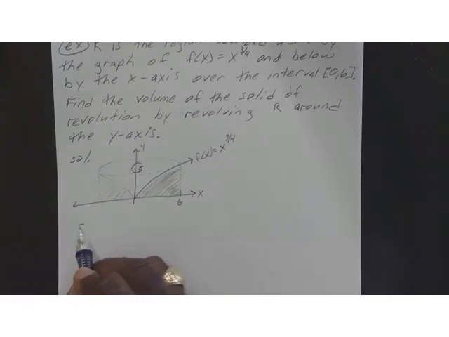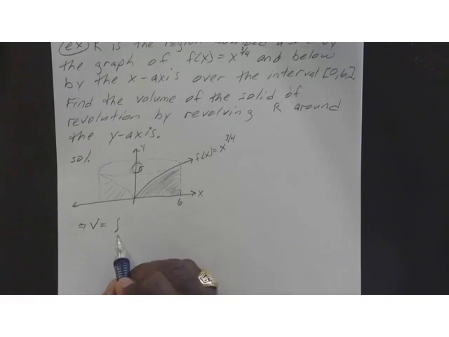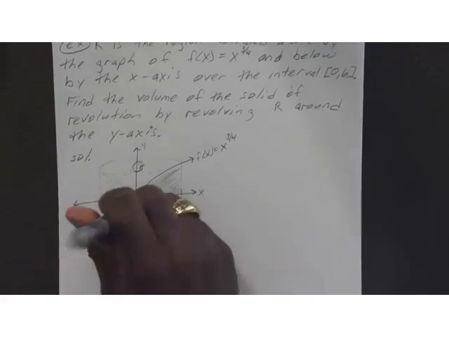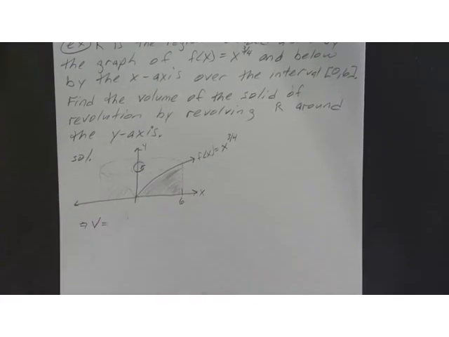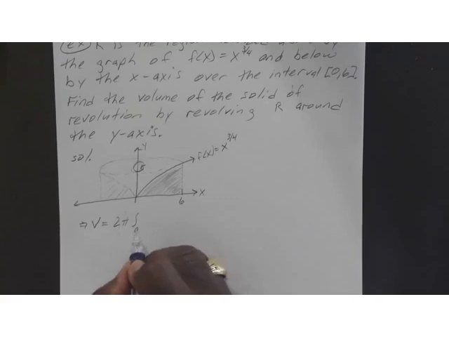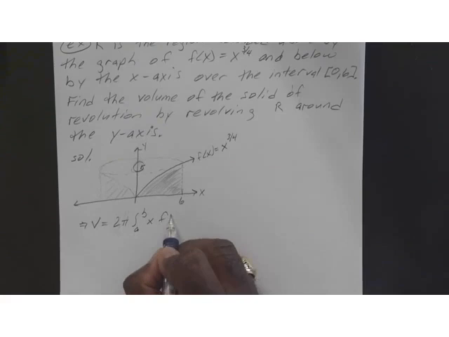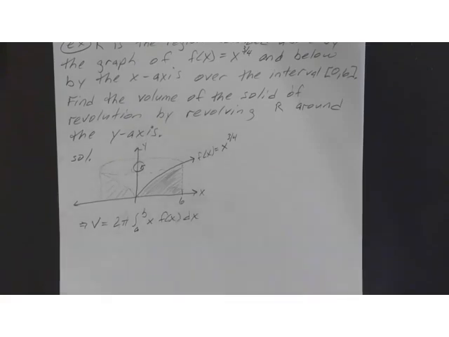Okay, so we know that our volume would equal the integral from a to b. And again, that 2 pi, we can factor that out right from the beginning, times the integral from a to b of x times f of x with respect to x.